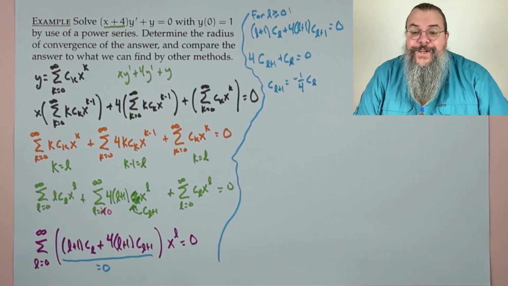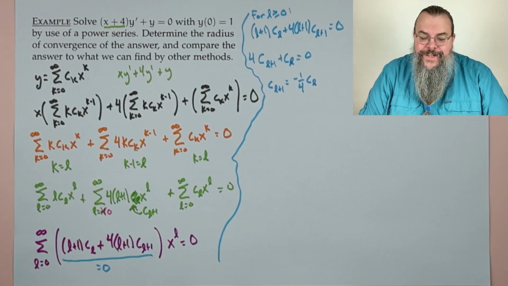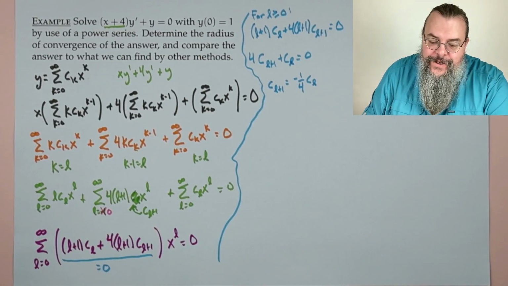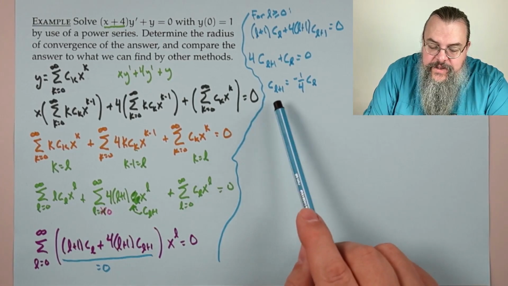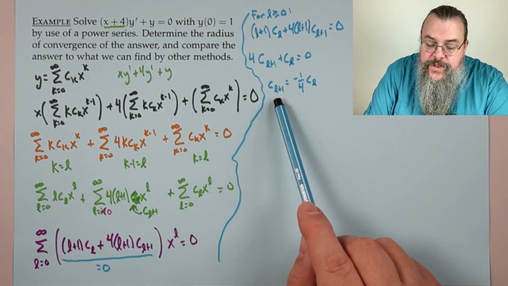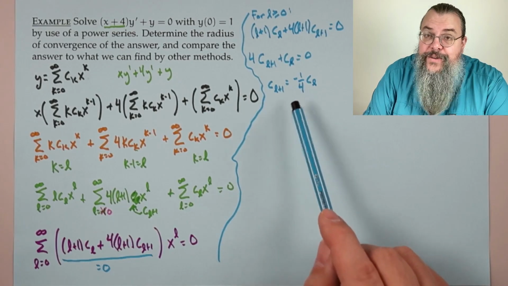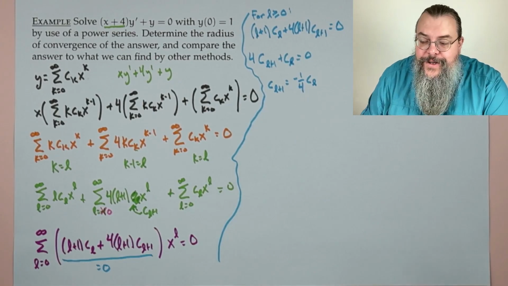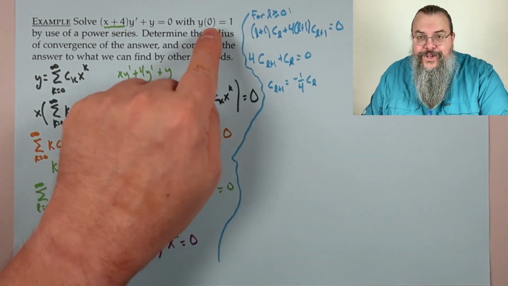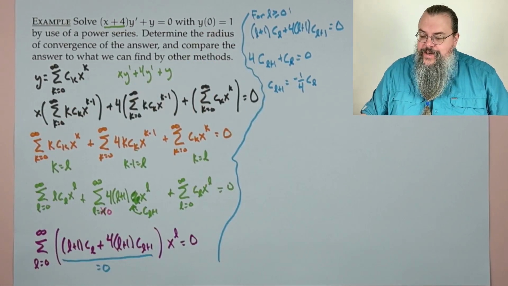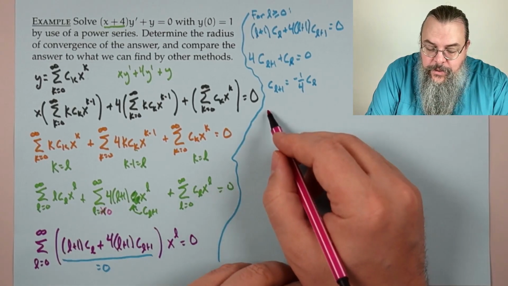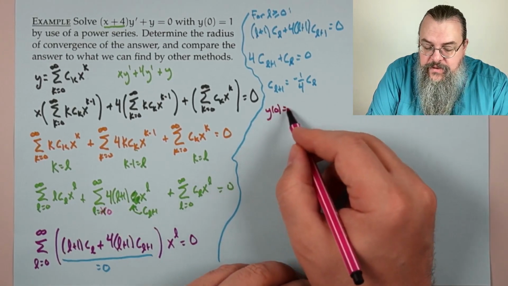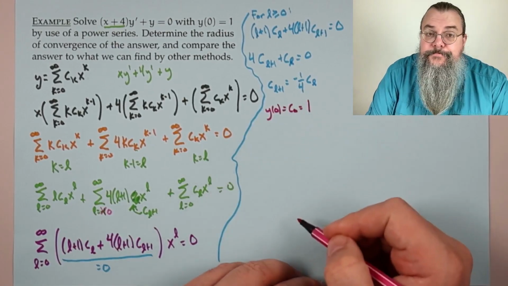All right, good, good. Now we're ready. What's our pattern? Well, our pattern is going to be pretty simple, right? It just says for the next coefficient, multiply by minus 1/4. But where do you start? Well, that's the initial conditions. Initial conditions are going to tell us how we start. We know that our y of 0 is C0, which is 1.